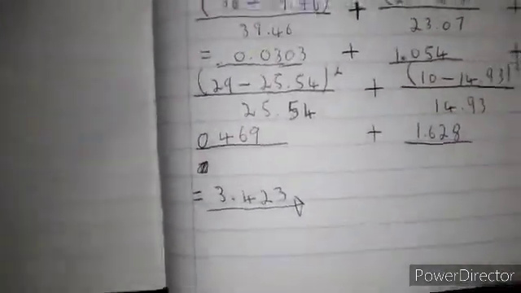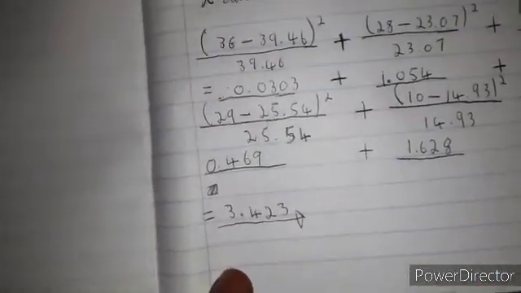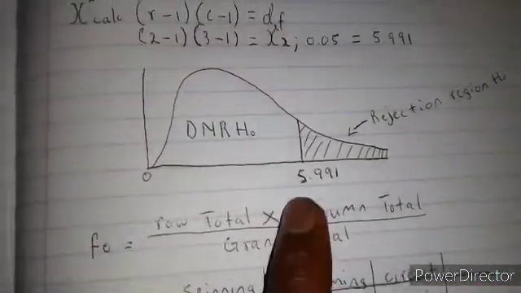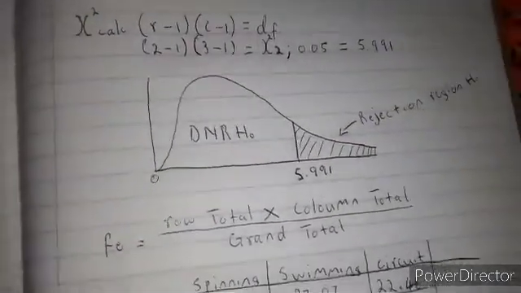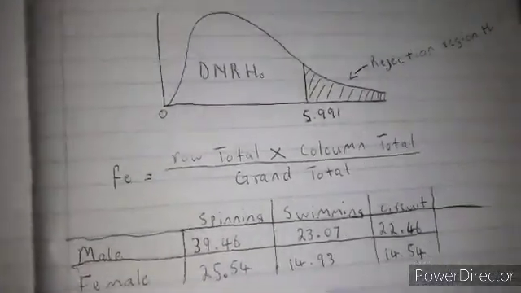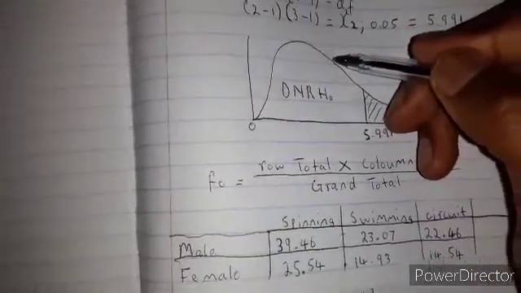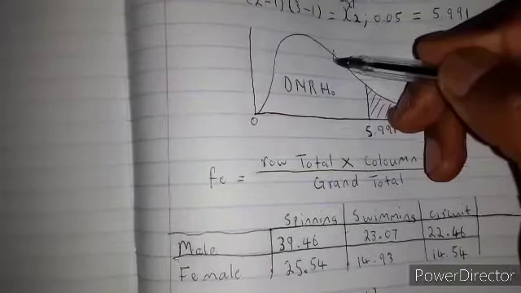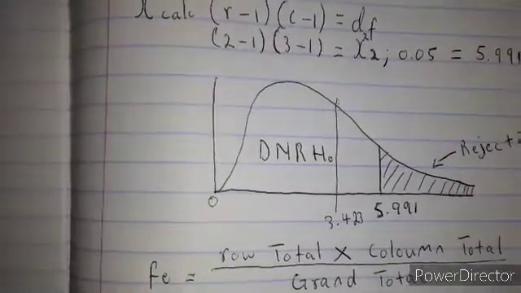Now the next step is to compare the final answer with the rejection region. So 3 comma something is in the non-rejection area.